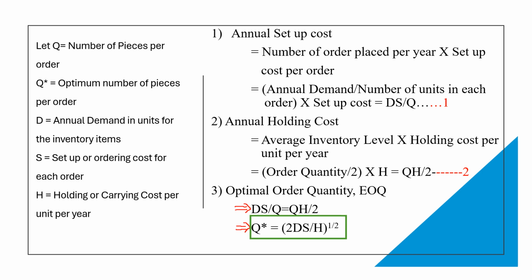In this way, the first derivation, annual setup cost, is DS by Q. Make it equation number 1.